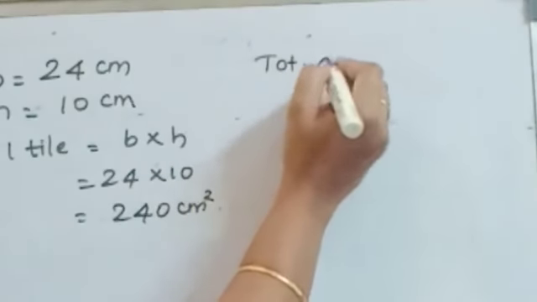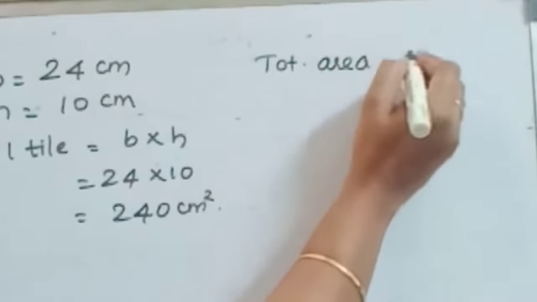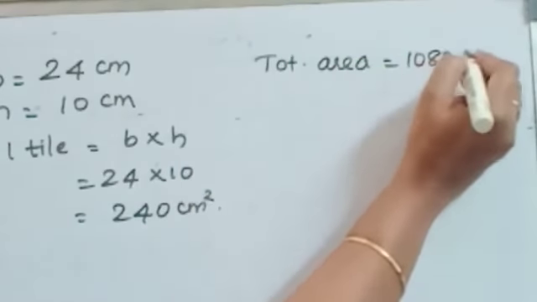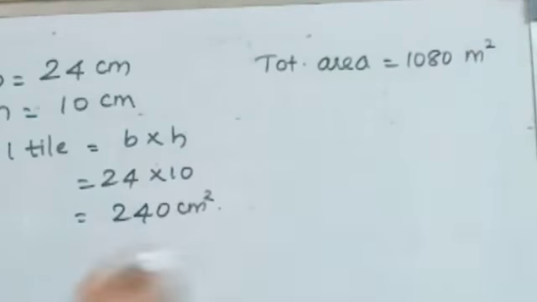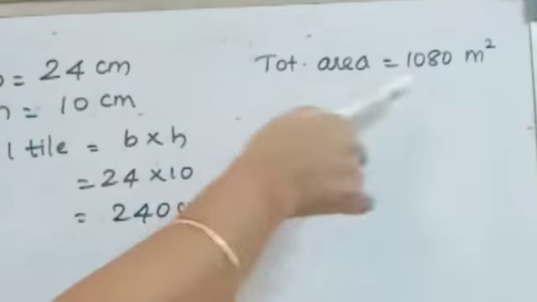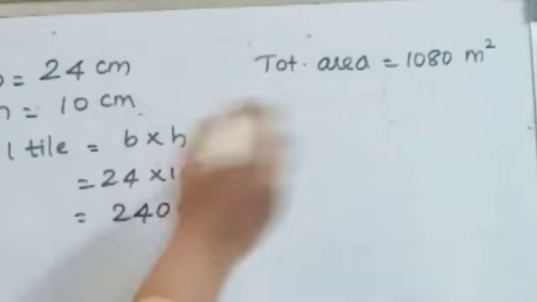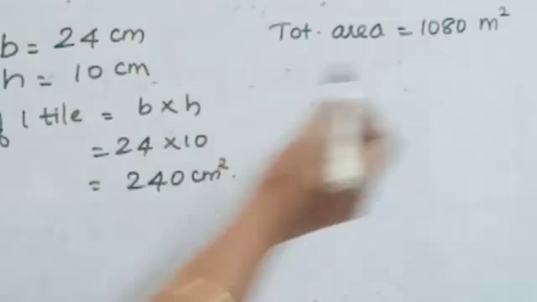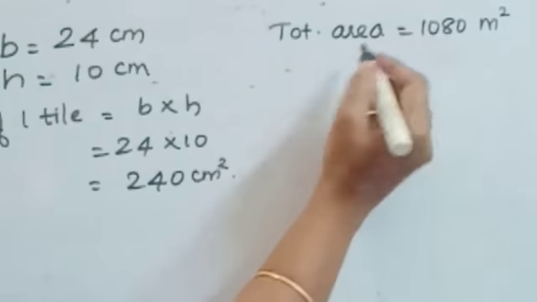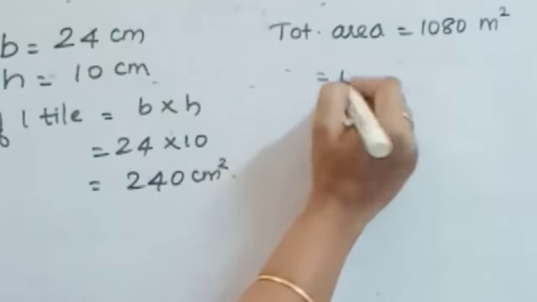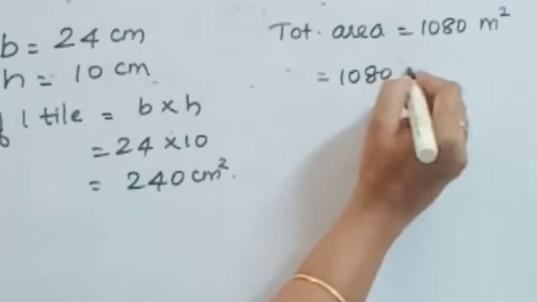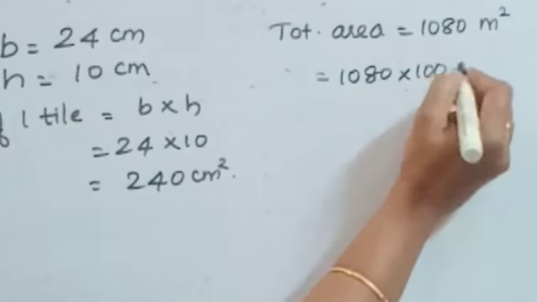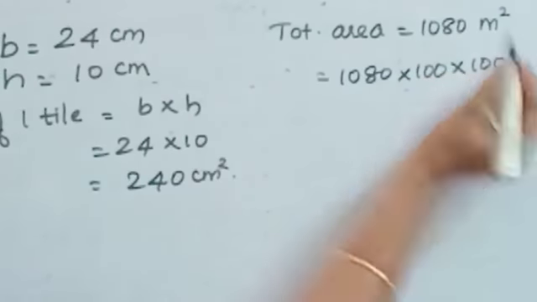Total area of the floor is given as 1080 meter square, and now we want to find how many such tiles will be required to cover this floor. So for that we have to divide these two. Here we have the area of the tile in centimeter square. So let me convert this meter square to centimeter square. For that we have to multiply by 100 into 100. 1 meter equals 100 centimeter.